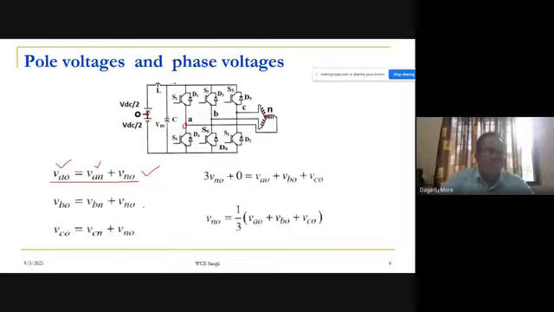We add all these three voltages. The addition will be VAO plus VBO plus VCO, which equals VAN plus VBN plus VCN plus the VNO terms. What do we get for VAN plus VBN plus VCN?